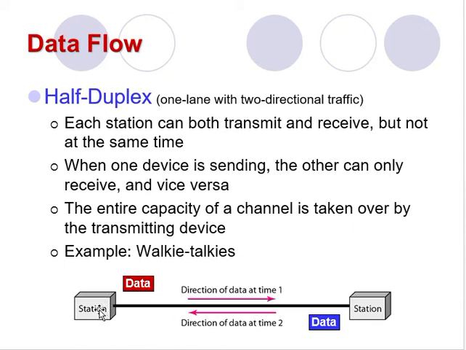If we send data, we are not able to receive data simultaneously. Once we have sent data to the other station, after that this line will be free and the other station can send an acknowledgement or reply to station 1.